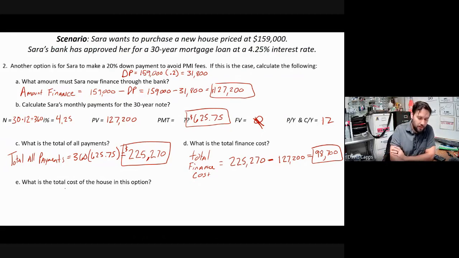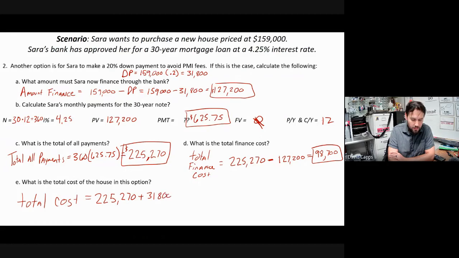All right, what is the total cost of the house in this option? So how much did I fully pay for this house? Well, to get that, just refer back to those things. The total cost is equal to the total of all payments, which is $225,270. That's how much I paid the bank, plus the down payment. What was the down payment in this case? $31,800.